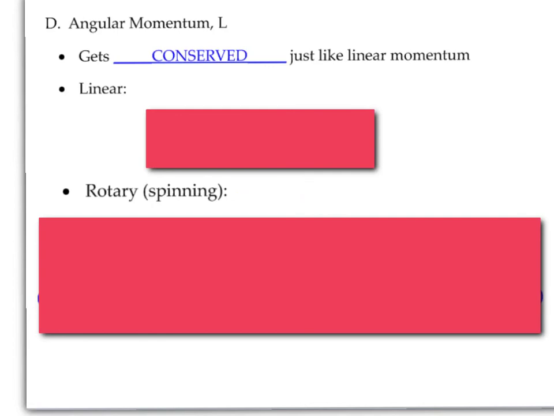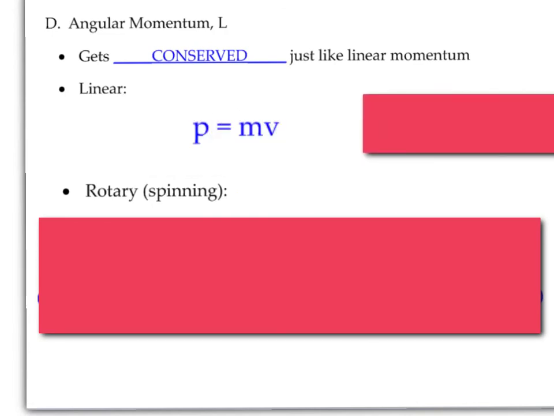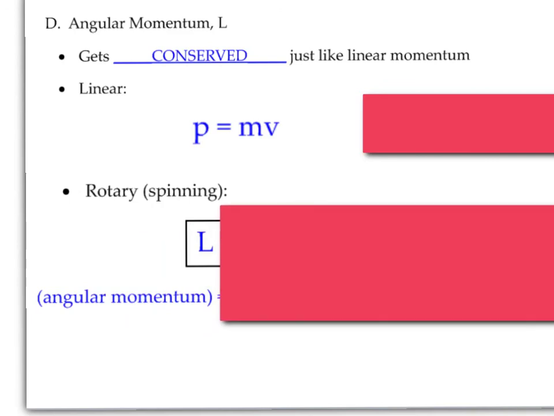What was the formula for regular momentum, the linear one? Okay. So P equals mv. So if P equals mv, now we're going to take those same things and replace them for things that are spinning. So the P is now an L, and that's angular momentum.